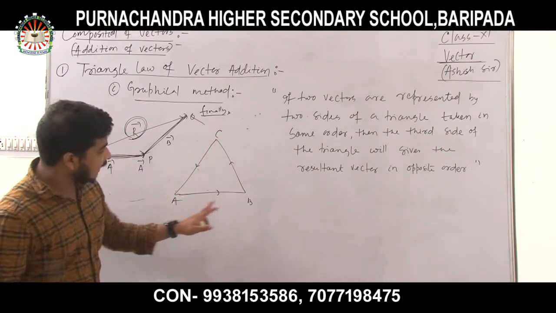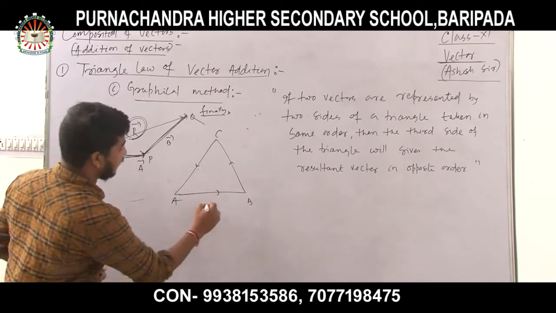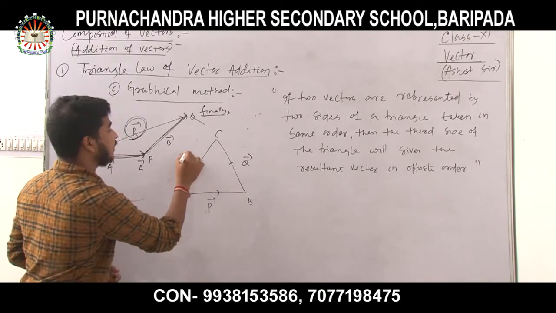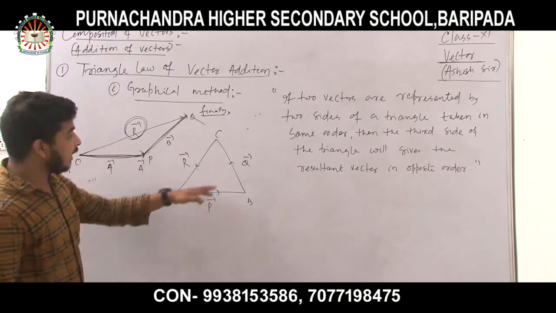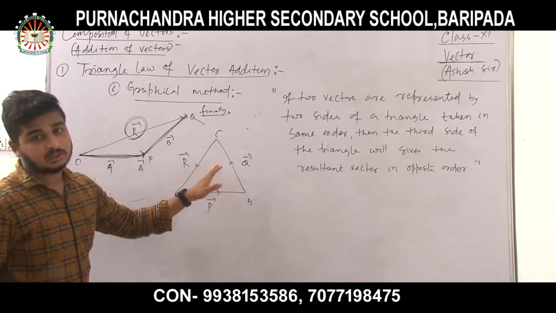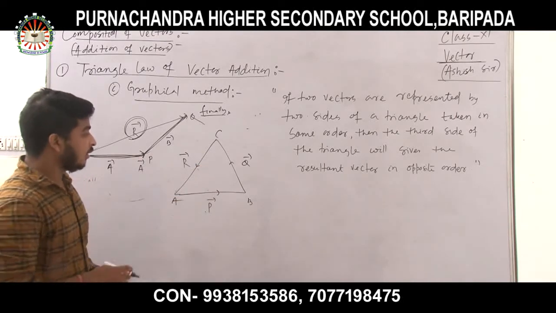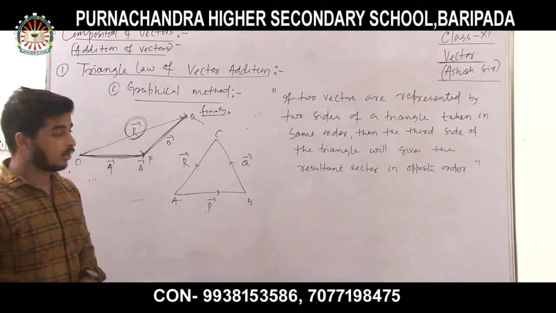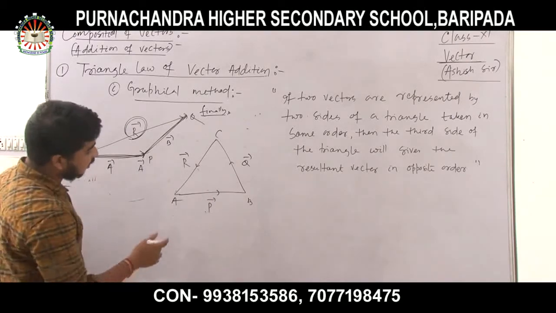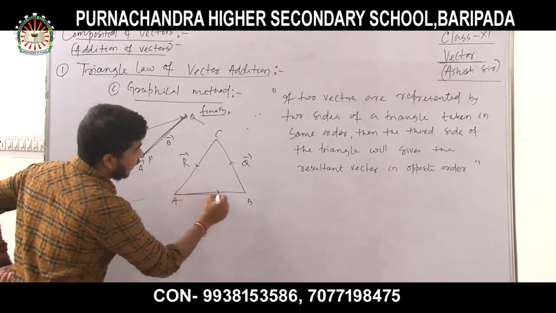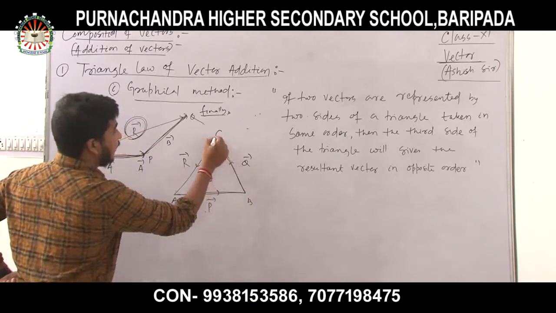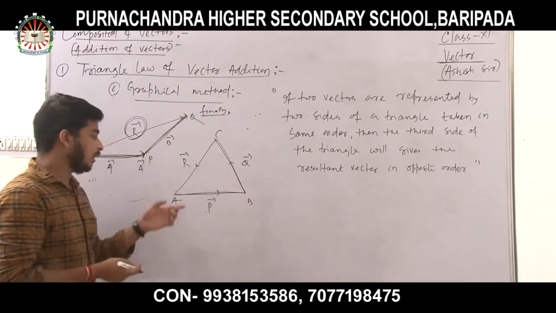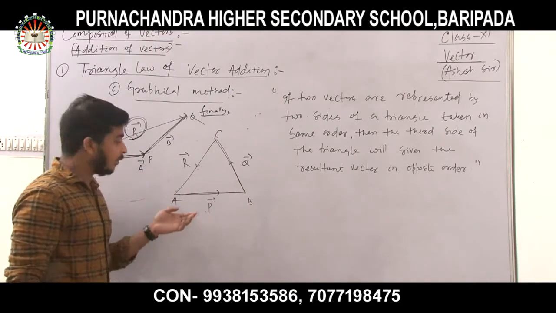Look at the triangle ABC, where P is a vector, Q is a vector, and R is also a vector. Now tell me which is the resultant vector of the two vectors. So let's see which one is the resultant vector. This is P vector, this is Q vector. This is a sequence, or I can say they are in the same order.